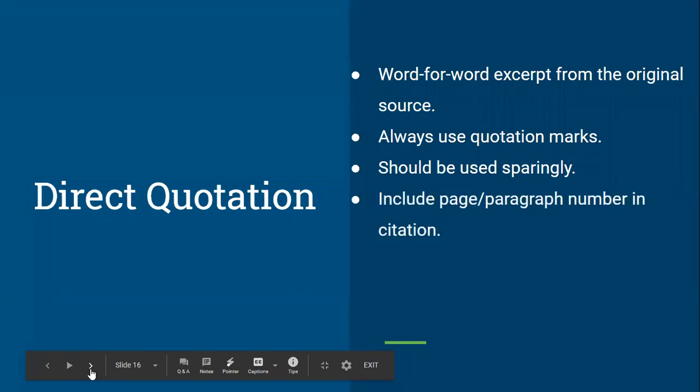What would be like a max for a 5-paragraph? Like, what would you recommend sparingly for a max? Well, 20% of a paper, a 5-paragraph essay is going to be what? Page and a half to 2 pages. Yeah. So what's 20% of that?